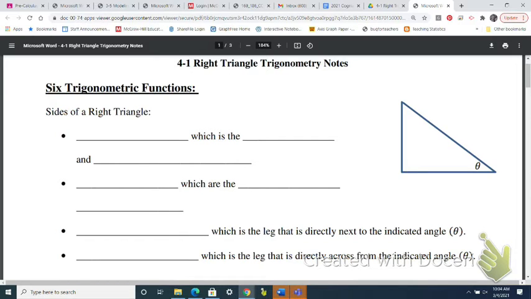So the hypotenuse is the longest side and is always across from the right angle.